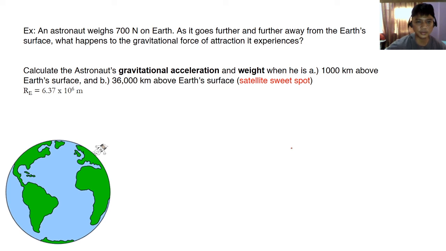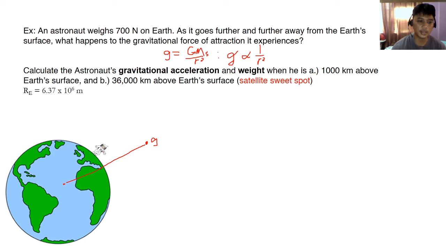You will find, though, that the answer to this first question, what happens to the gravitational force of attraction it experiences? Well, we have this formula, capital G m over r squared. You'll find that g is inversely proportional to r. R is the distance from the center of the source to wherever we want to find the gravitational field strength.